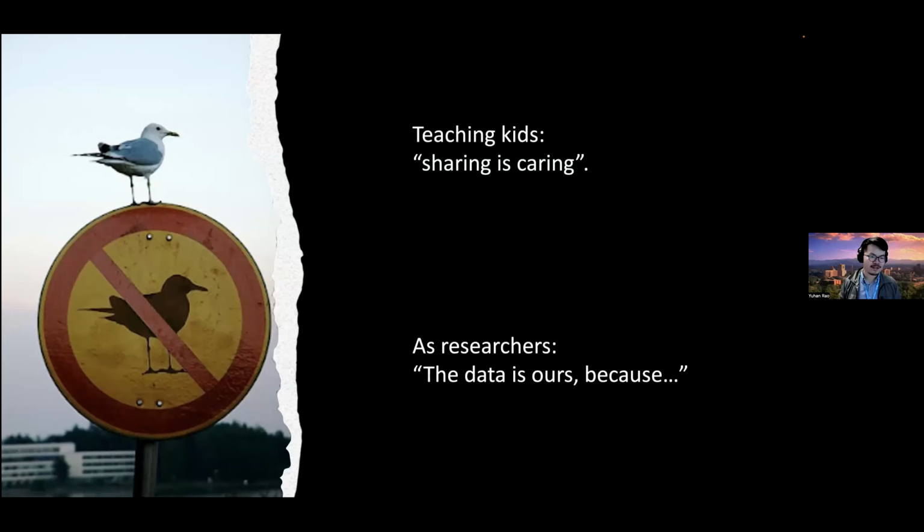And I found this to be kind of an irony. When we are young, or when we were taught by our parents, or when we're teaching our kids, it's that sharing is caring. But then as researchers, somehow we sort of forget this golden rule that we have been taught, or have been teaching others, that sharing is caring, and we say data is ours.